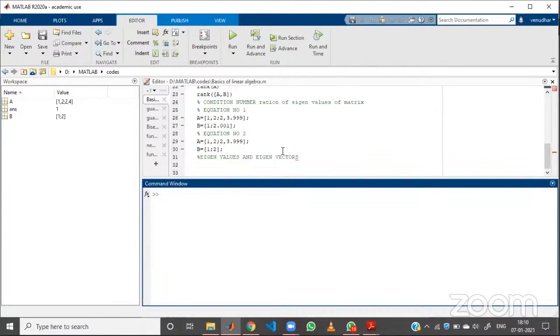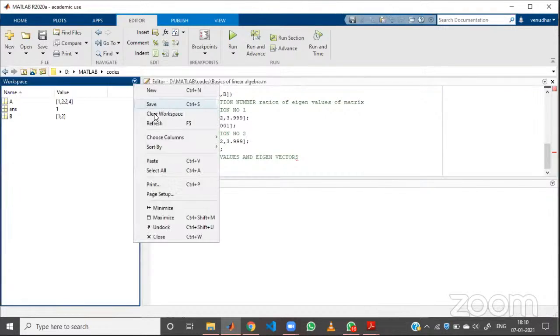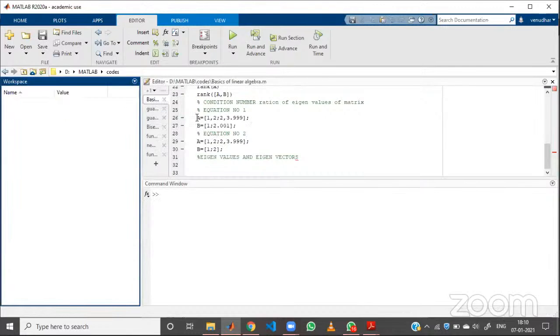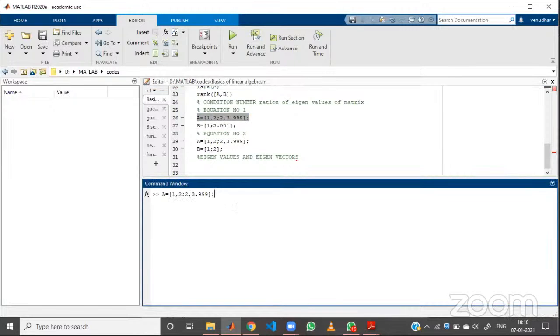The previous two equations which I showed can be written in the form of A and B here. So these are the equations, A and B matrix. How do we find the condition number of the matrix A? Clear the workspace and paste. The MATLAB command is cond(A).